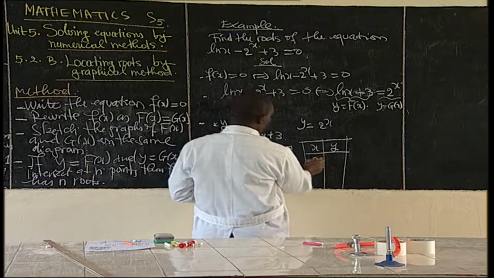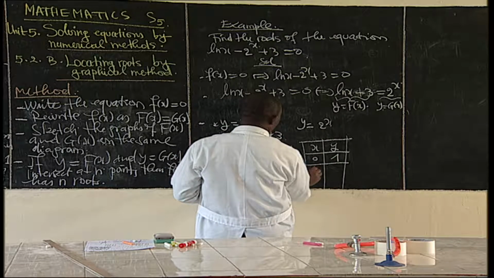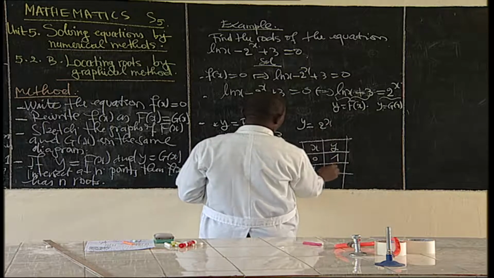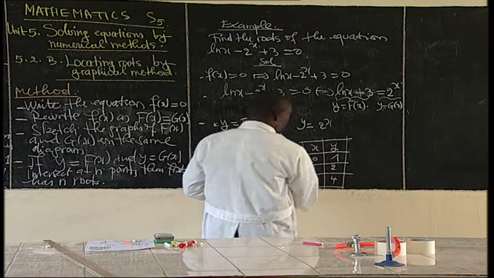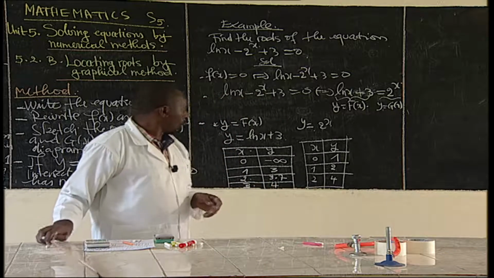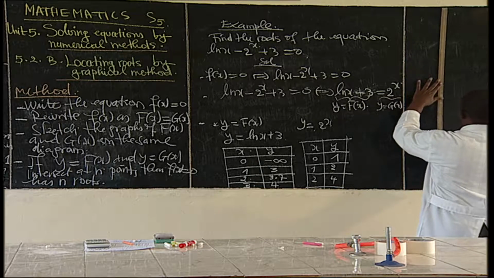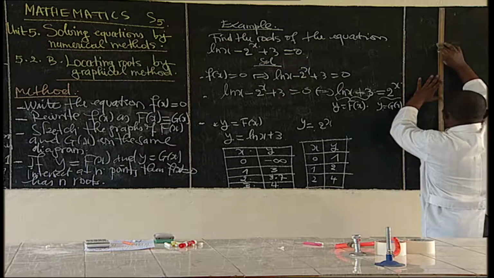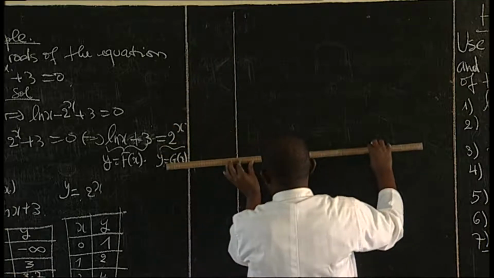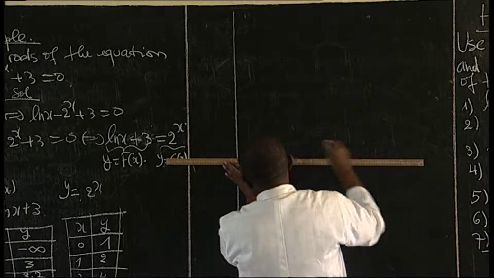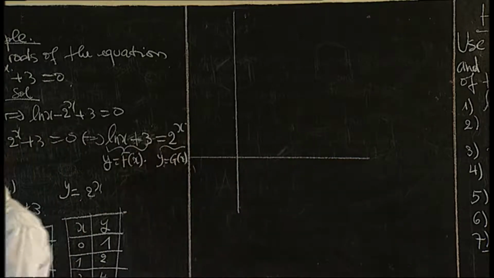And then for y equals 2 power x, taking x equals 0, this will be 1, 2 power 0 equal to 1. Then for 1, 2 power 1 is 2. If x equals 2, this will be 2 power 2 is 4. Okay. Now we are going to sketch these two curves. Hope we are together.